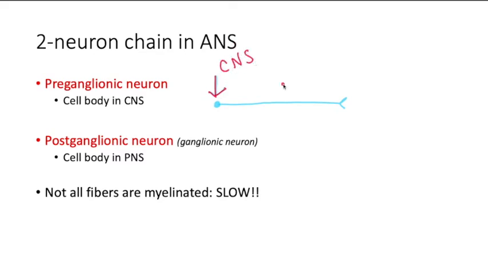And CNS, brain, or spinal cord. Then the second neuron, the postganglionic neuron, its cell body, let me draw the postganglionic first. Postganglionic cell body is somewhere in the PNS. So this one is in the PNS.